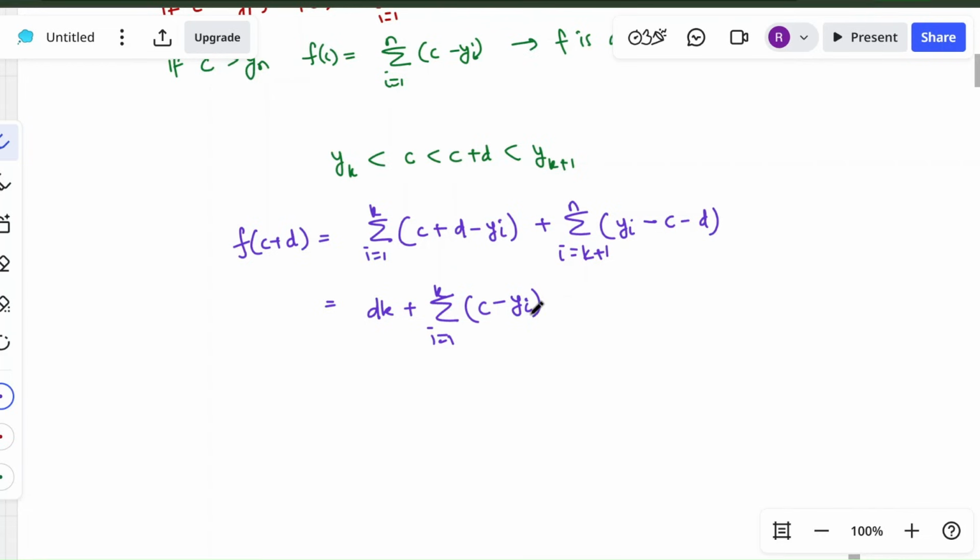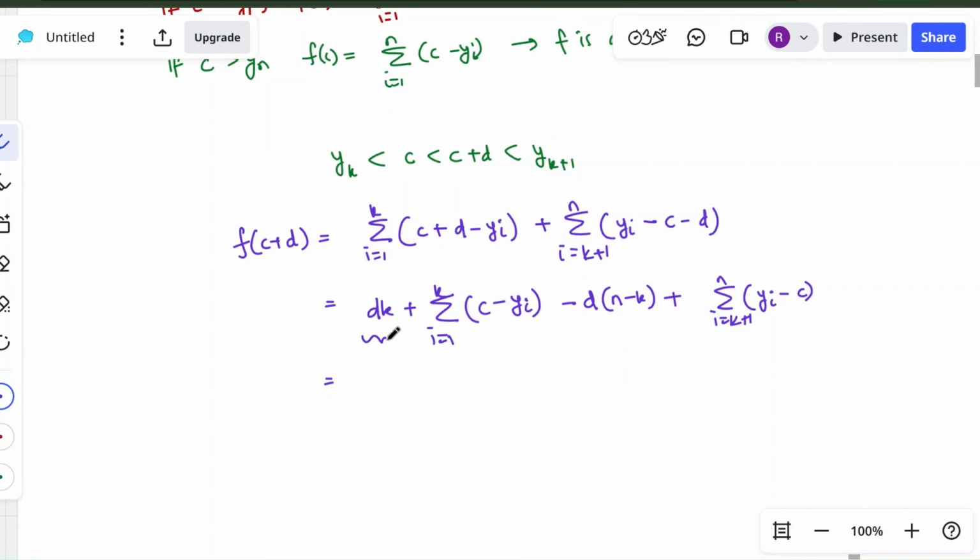I'm just taking the dk outside. That's all. And a similar thing I'll do here. I'll have negative d. How many times will I have it? I'll have it n minus k times, and then I will also have i running from k plus 1 to n of yi minus c.